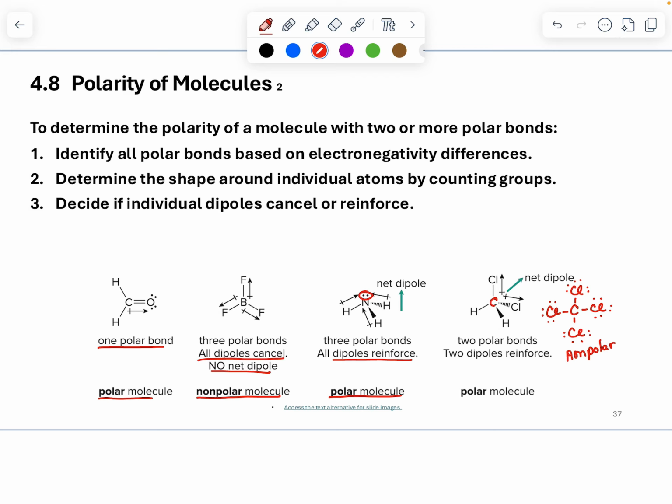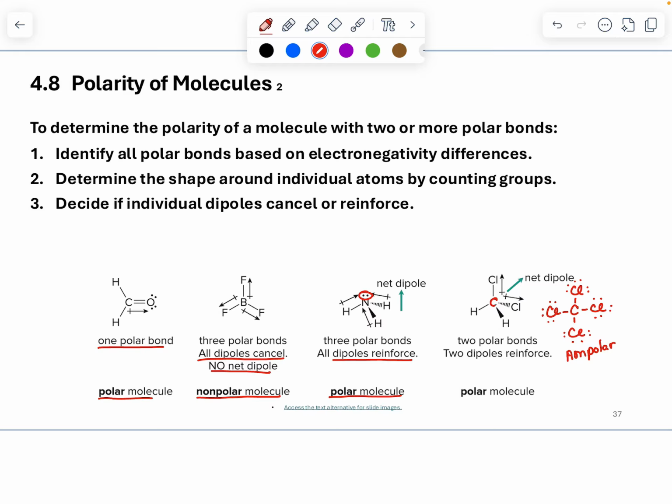The second way to determine it is to look to see what is attached to the central atom. If the atoms or groups that are attached are all the same, then you have a nonpolar molecule. But if they are different, then the molecule will be polar.